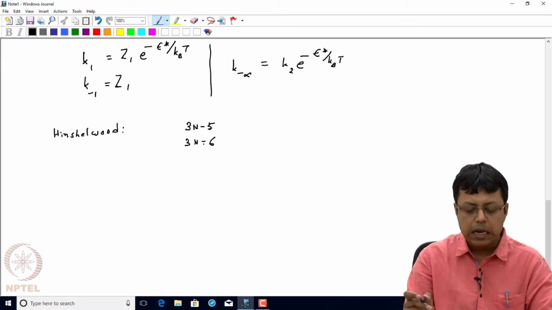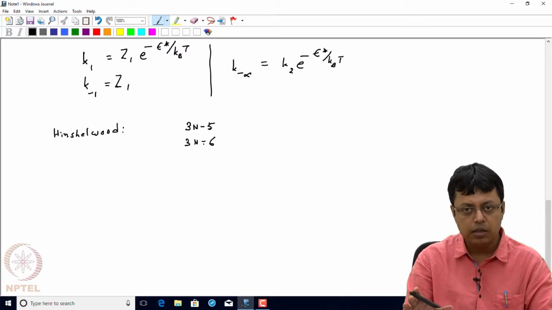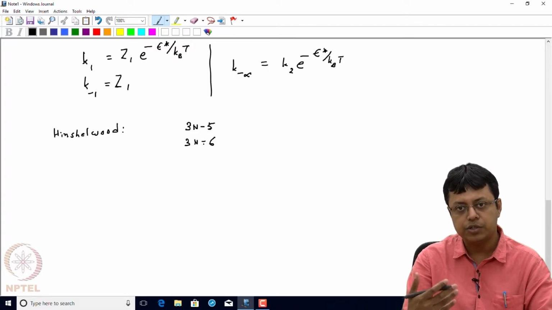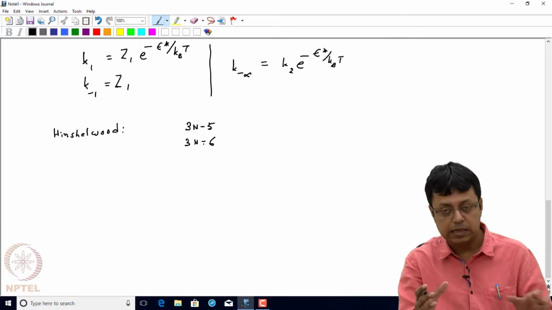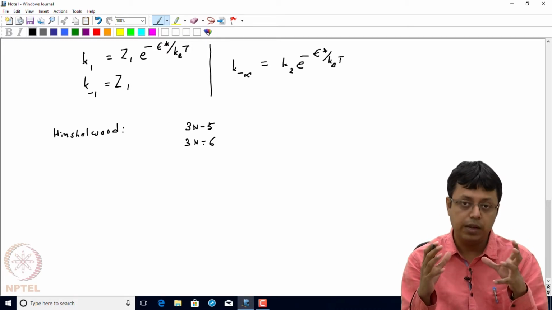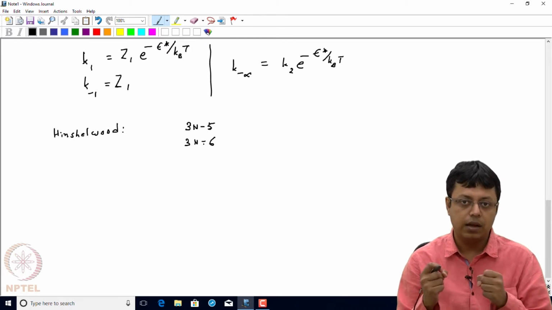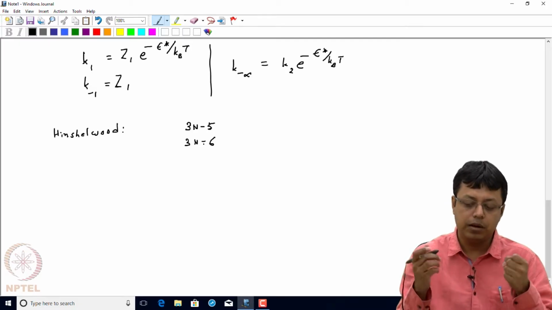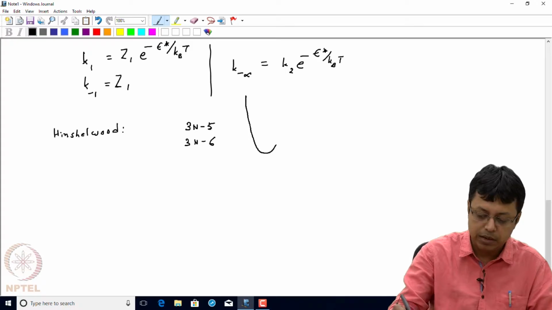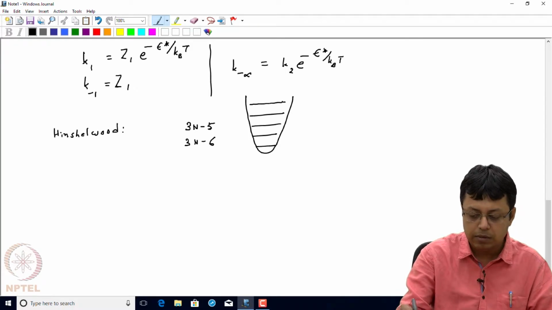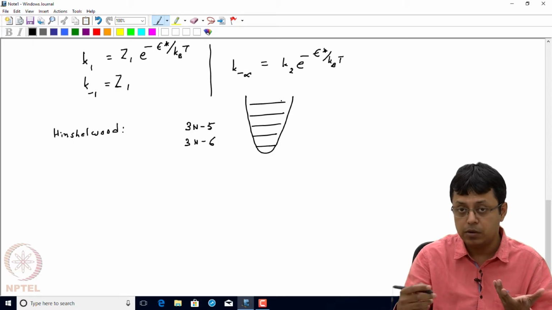Now, all these vibrational motions, all these vibrational oscillators, you can think of as very much harmonic in nature. Now, truly, you cannot have any harmonic motion, because for a harmonic oscillator, if you keep putting in energy, the energy will keep increasing, and if the bond behaves like a harmonic oscillator, it will never break.